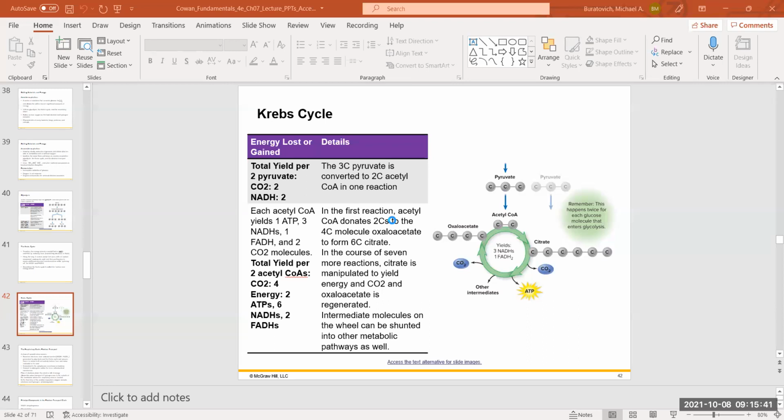That's how you make them. You make them from glucose and you make ribose bisphosphate. Ribose bisphosphate is essentially your building block for nucleotides.